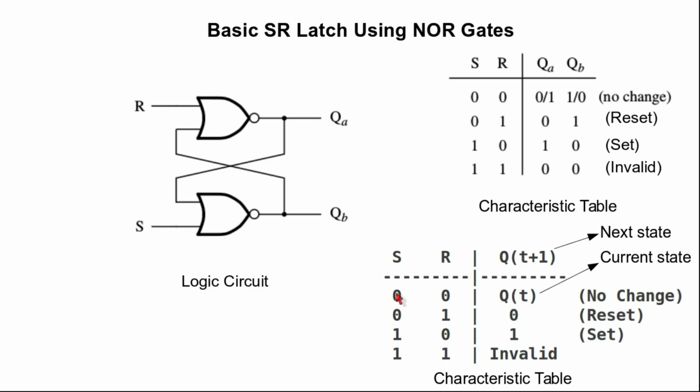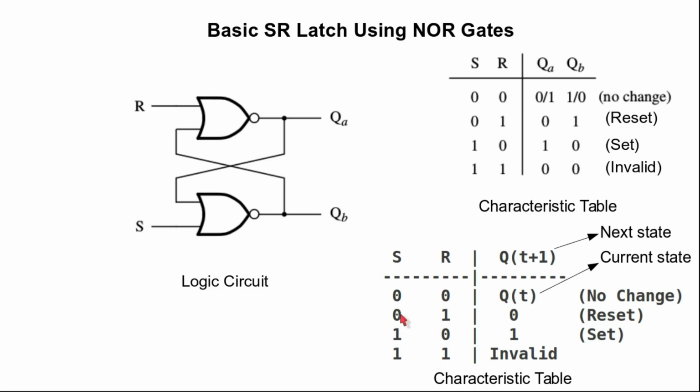If there is no change in the state, then our next state, which is Qt plus 1, will be equal to our current state, which is Qt. So for S equal to 0, R equal to 0, Qt plus 1 will be equal to Qt. That's what the first row signifies.